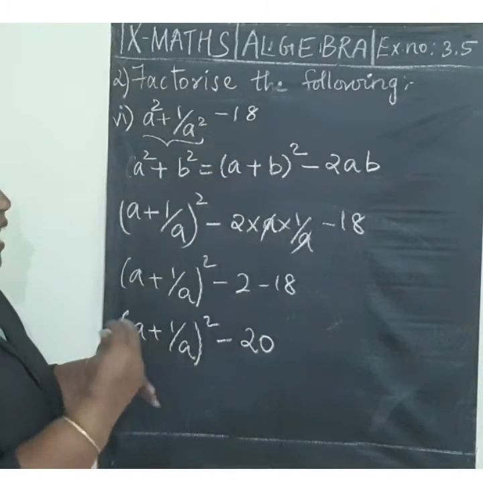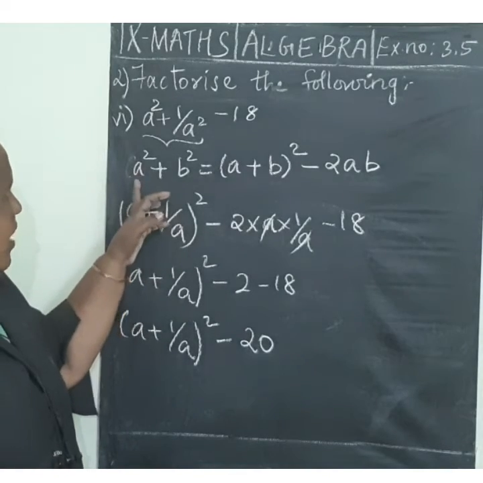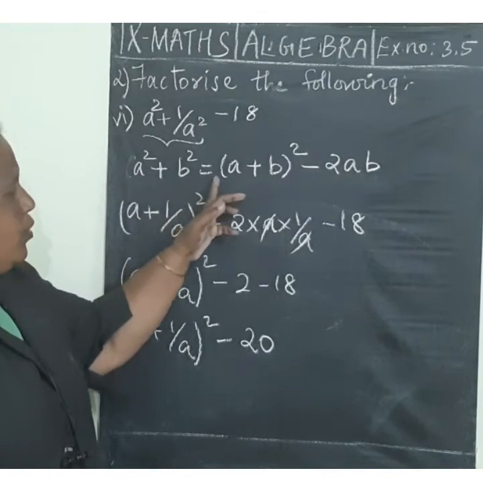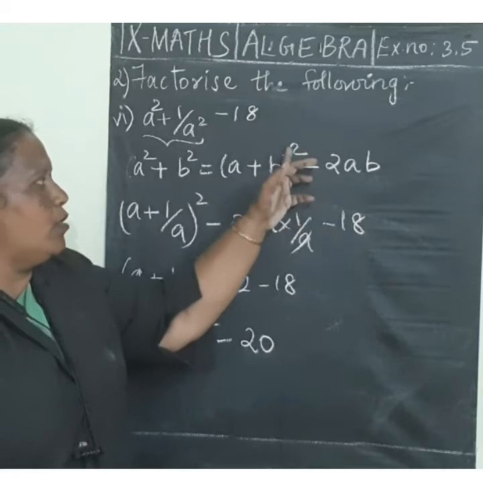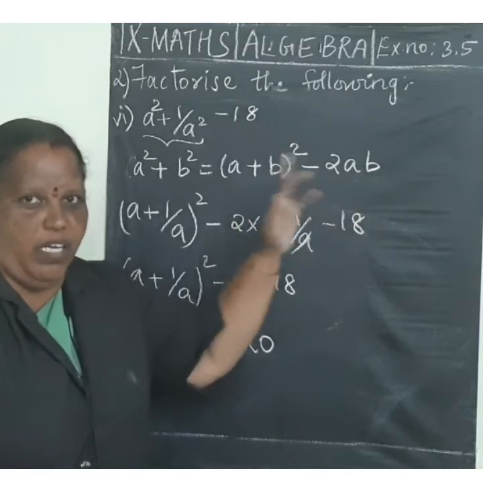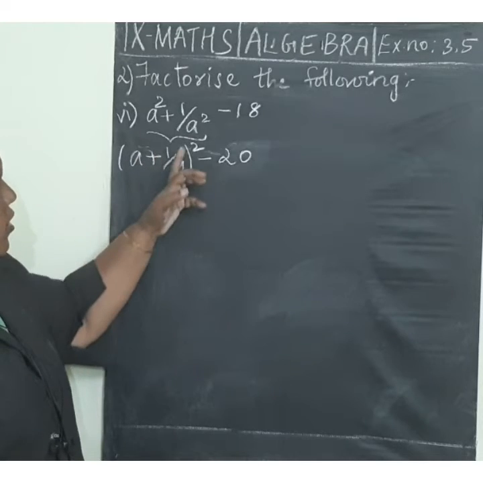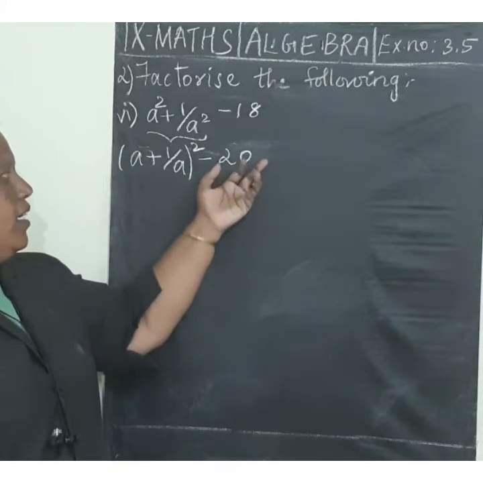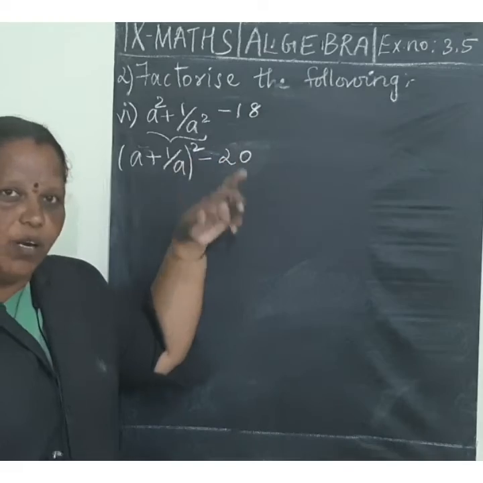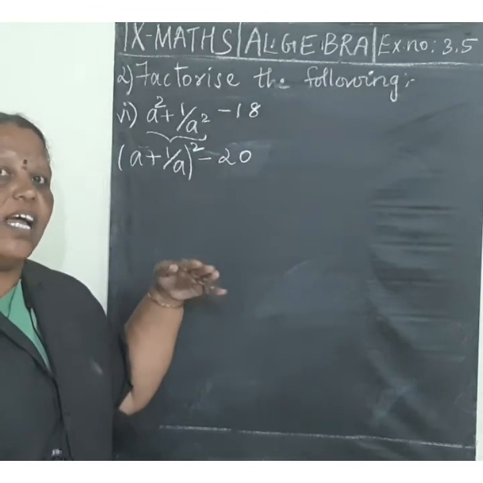We can go for another identity with the same a square plus b square is equal to a minus b the whole square plus 2ab. Now we got a plus 1 by a the whole square minus 20. This 20 is not a square number, so we can't use this identity.